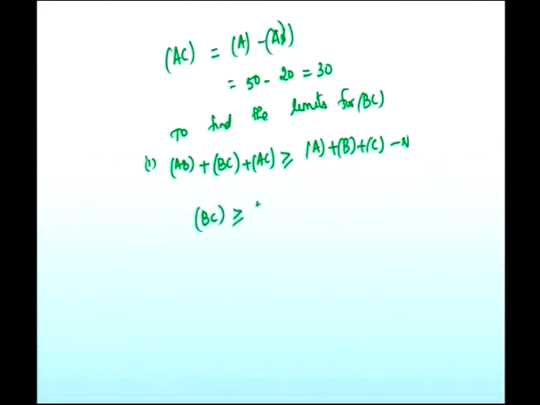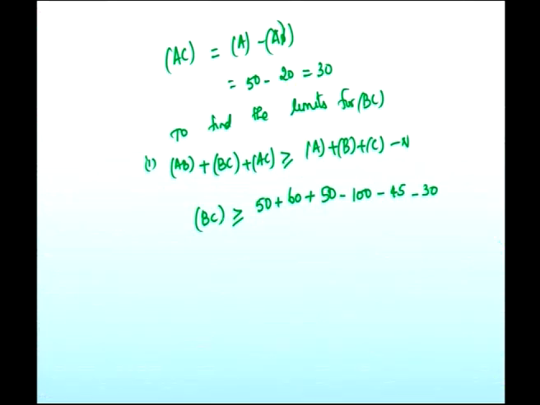BC is greater than or equal to A is 50 plus B is 60 and C is 50 minus N, which is given to be 100, minus this AB, and BC goes to that side as 45 and then minus 30.